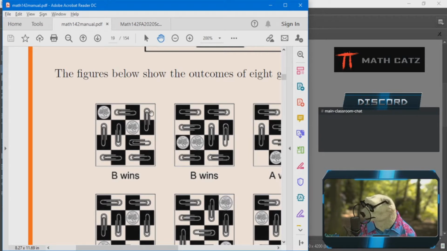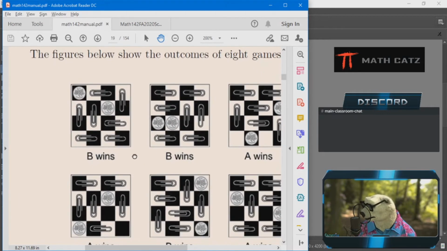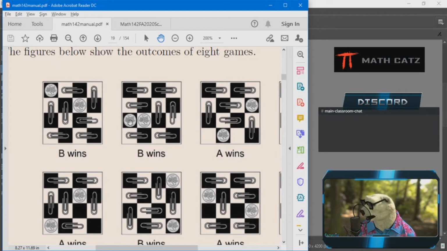Each paper clip covers 2 squares, and player B's goal is to cover the whole rest of the board. If they're able to do that, then they win. So in this first example, they were able to do that, and B wins. Next example, player A chooses 2 different squares for their pennies. B was able to still cover the board with their paper clips.